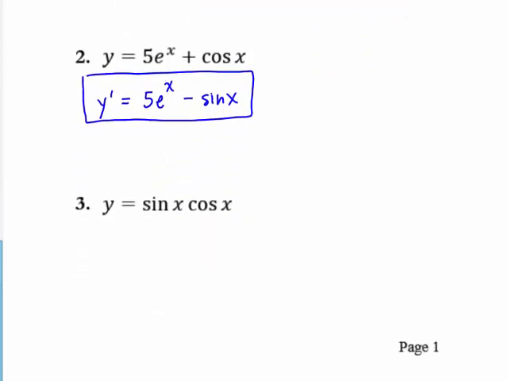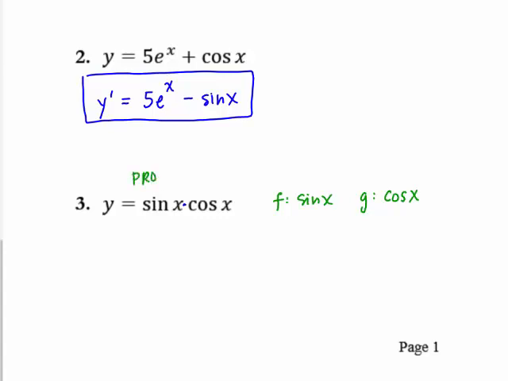In the same vein, we have number 3, where we're tasked with finding the derivative of sine times cosine. So now they're both trigonometric, and they're multiplied together. In this case, we need to use the product rule, where f, the first function, is sine x, times the second function, g, cosine x.